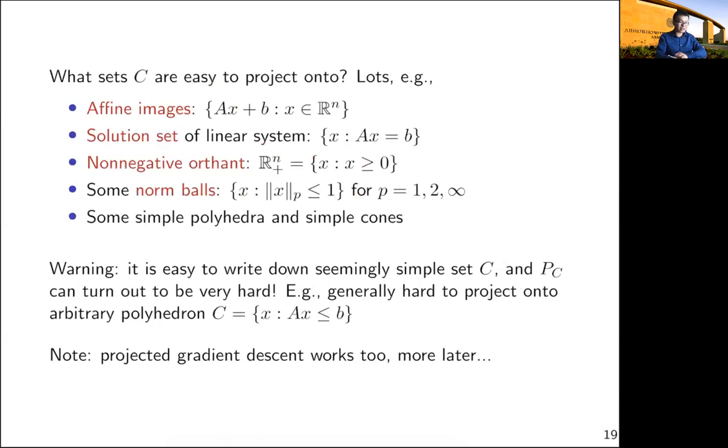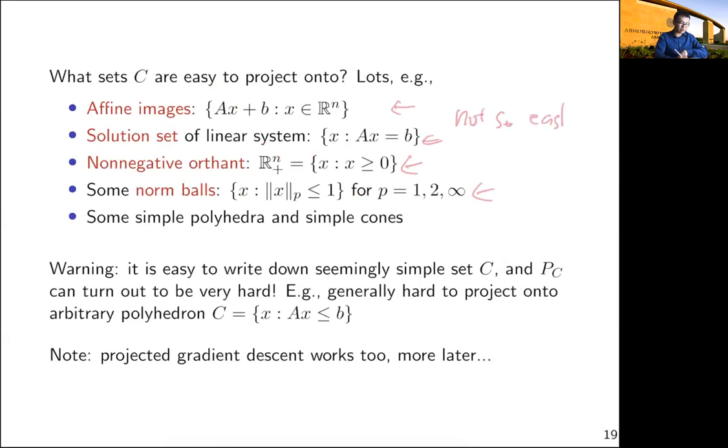These are examples of convex sets that are relatively easy to project to. By easy, I mean having an easy polynomial time algorithm to solve. For these ones, those are really easy. For these ones, not so easy.